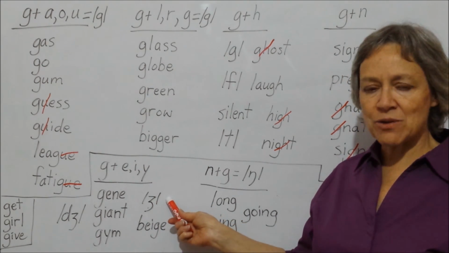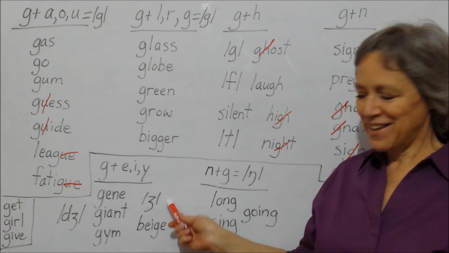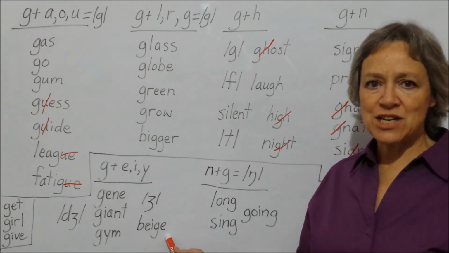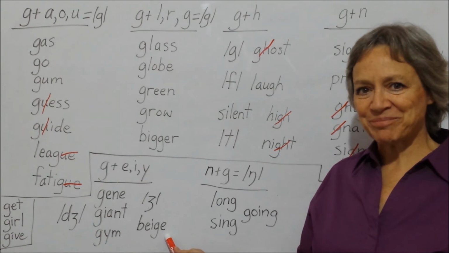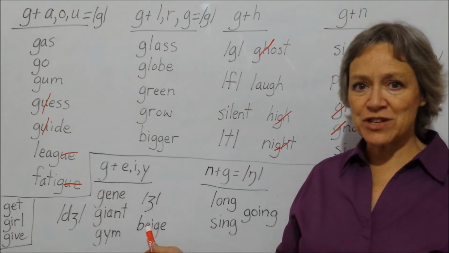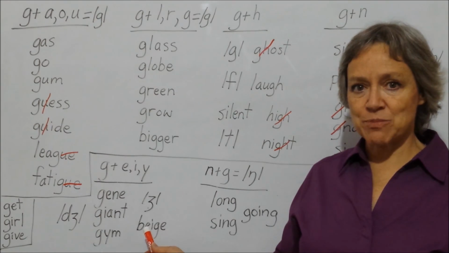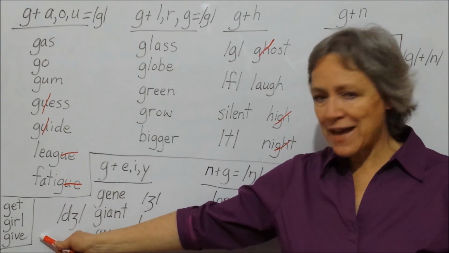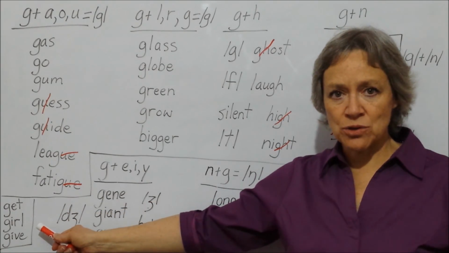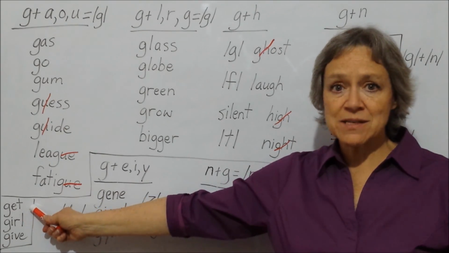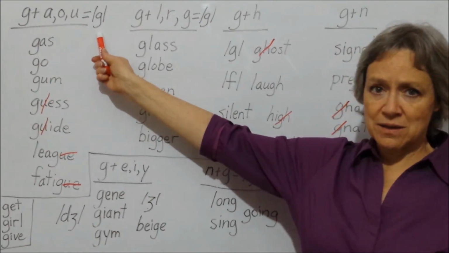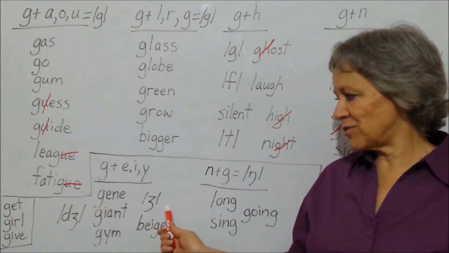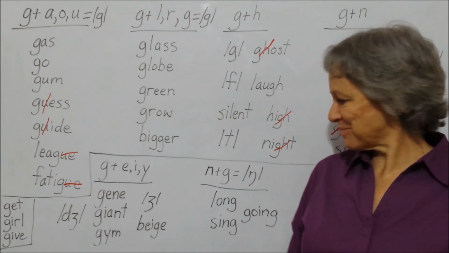We can also get the sound J, okay? Slightly different from this one, as in the word beige, okay? I showed you some exceptions to this. I showed you 3 exceptions. I showed you get, girl, and give. In these 3 words, the G does sound like G, okay? It does not sound like J, all right?